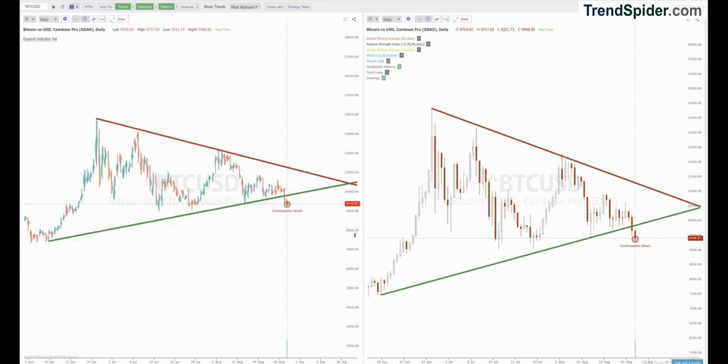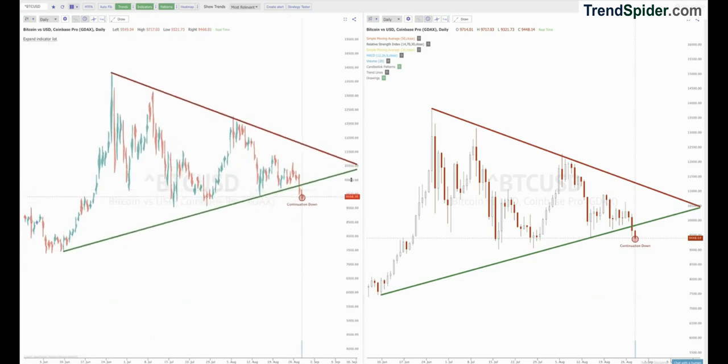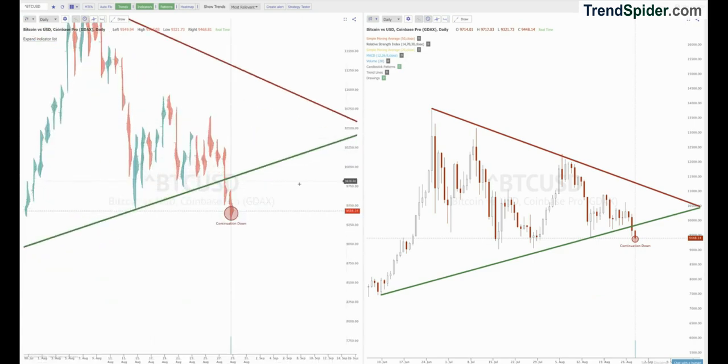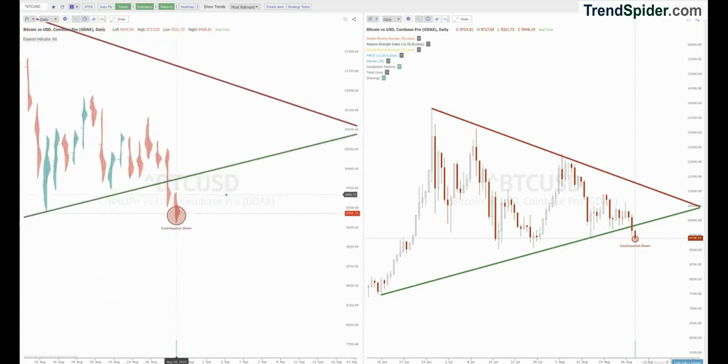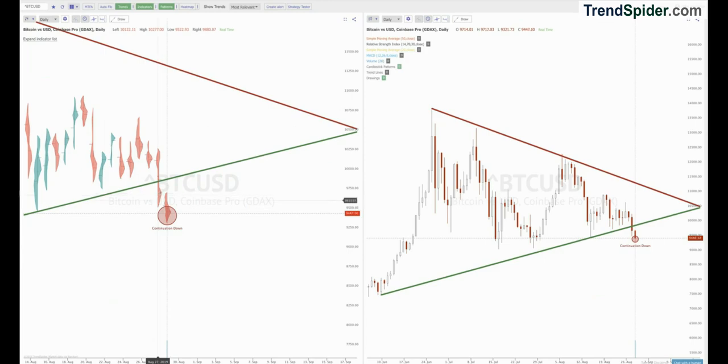And so what's interesting here is you can see as we break down yesterday, a lot of that volume was focused at the bottom of the range into the second half of the day. So you can see that this wasn't just a fake out. This was backed by volume, and you can see that because there's this blob of volume here that shows there was an uptick, and then we've got our continuation down today.